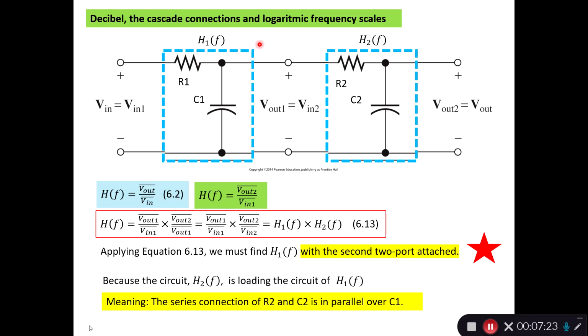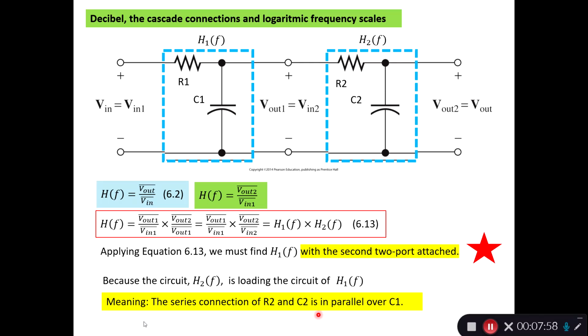When we have to find the transfer function, the first one, we have to notice that the second transfer function, this one, R2 and C2, is actually in parallel over C1. So when I want to find the transfer function of C1 in a cascade, I have to consider C1 is actually loaded with a series connection of R2 and C2.